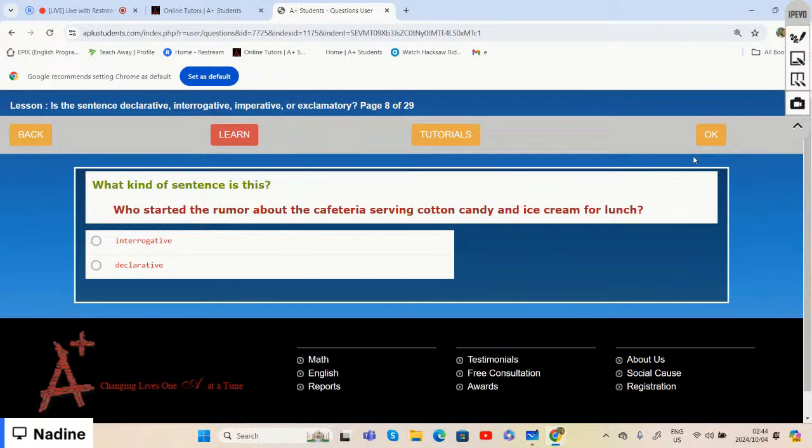It says, who started the rumor about the cafeteria serving cotton candy and ice cream for lunch?